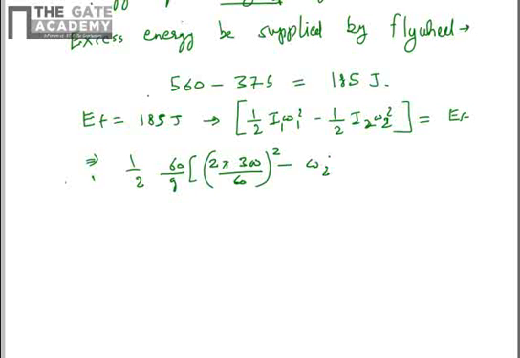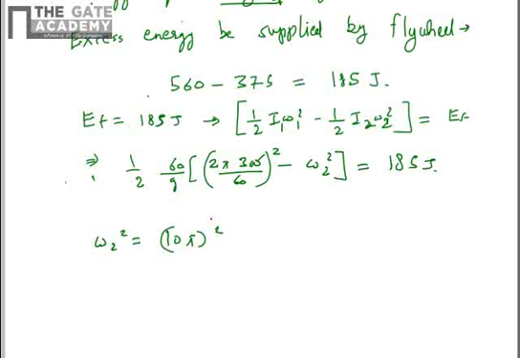And omega 2, the speed after the pressing is over, is to be calculated. And the fluctuation of energy is 185 joule. So if you simplify this expression, you will get omega 2 square is equal to 10 pi whole square. This is the quantity 60, and this gets cancelled.